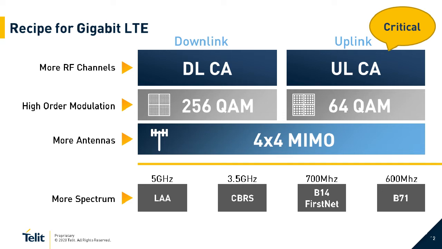So there are actually three main components or ingredients that go into this recipe. The first one, which we want to target for more detailed discussion today, is called carrier aggregation, which is abbreviated as CA on this slide.